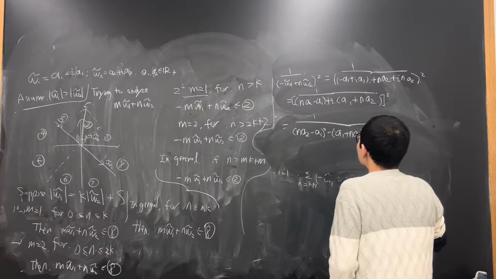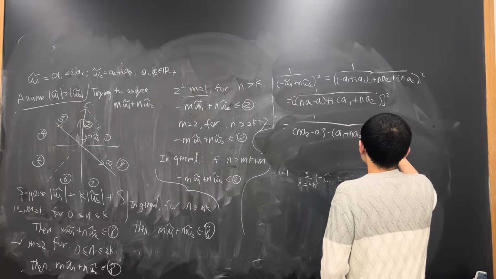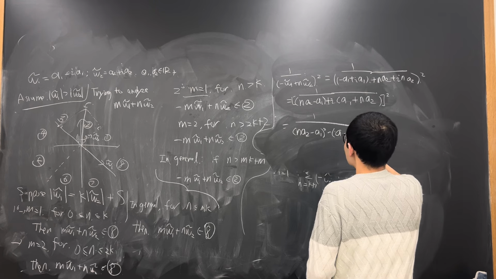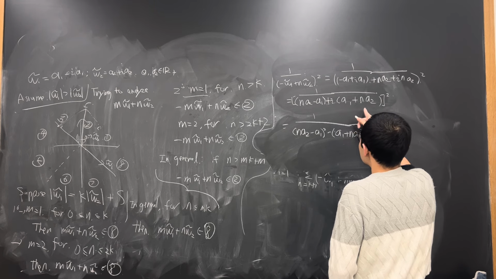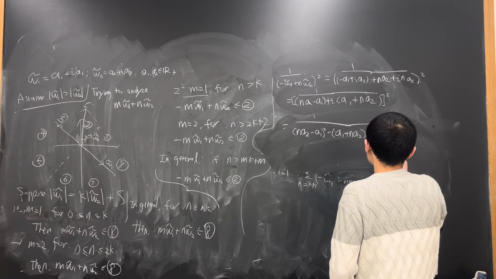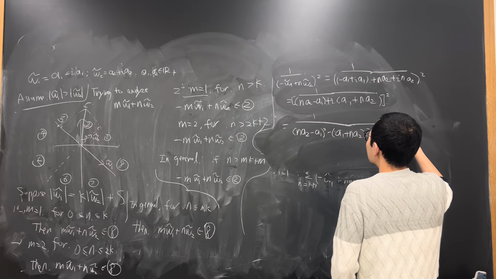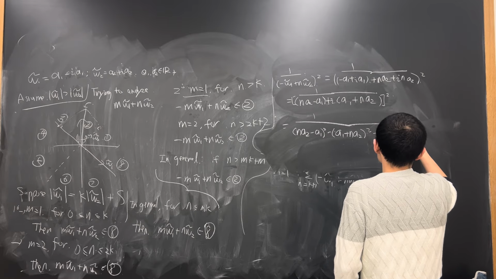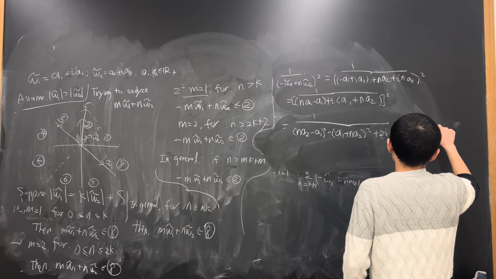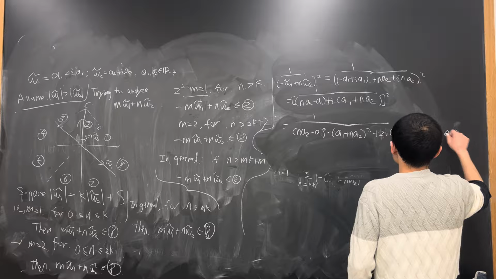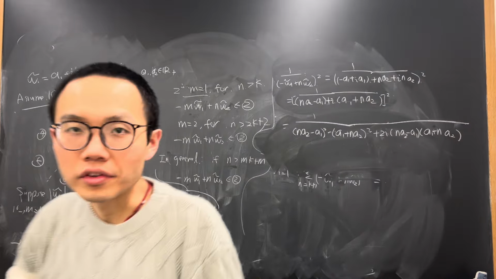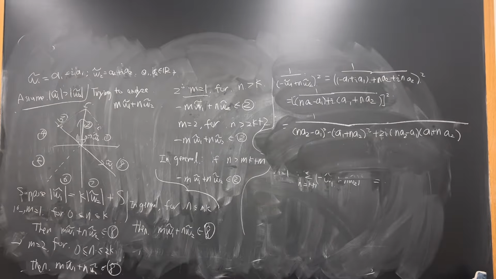And then plus I times this times this one, so 2I times NA2 minus A1 times the other guy, A1 plus NA2. Okay, let's see whether it's included in, okay, good.